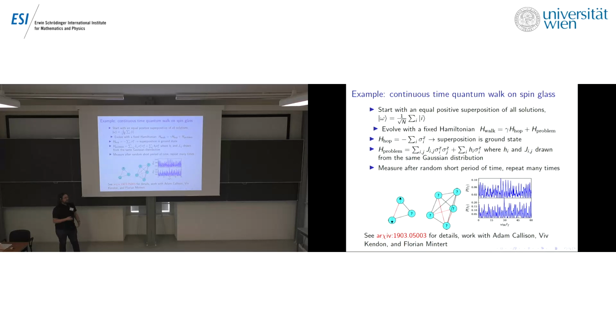So let's do a simple example. Let's think of a continuous time quantum walk applied to a spin glass. Starting with an equal superposition, we'll consider just a transverse field Hamiltonian, which, as I'll explain a little later, basically corresponds to doing a walk on a hypercube.